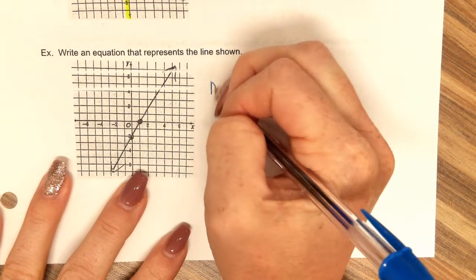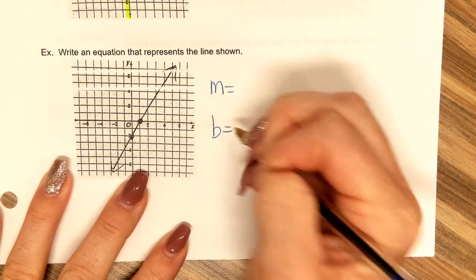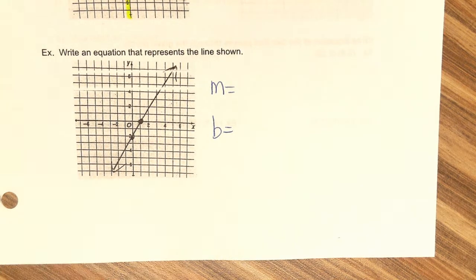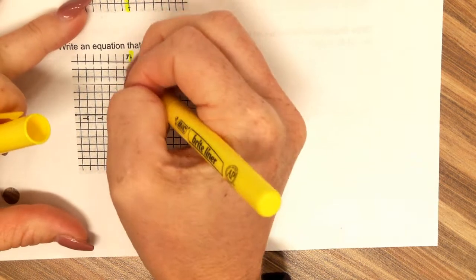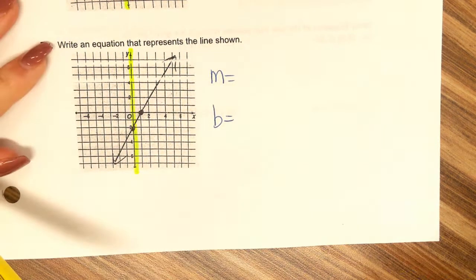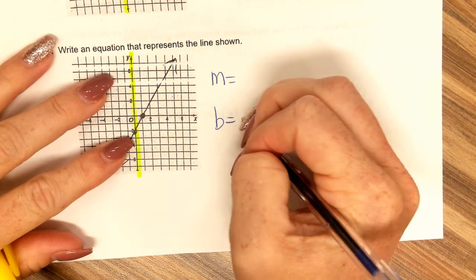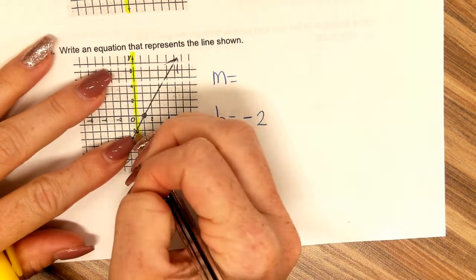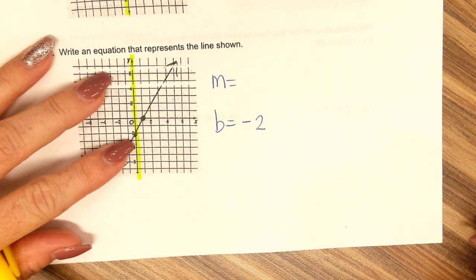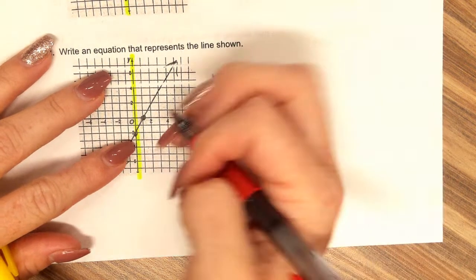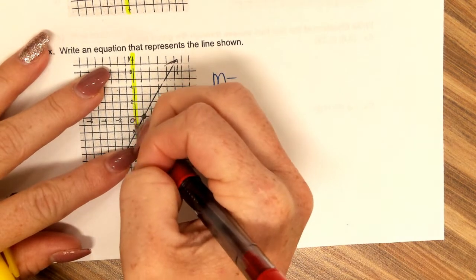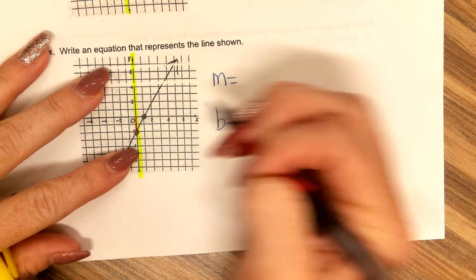Easy? Let's do the next one. I need an m and a b. What is the y-intercept? Where is this line crossing the y-axis? Negative 2, because it's below 0. For the slope, I need a rise over run, so I start here. What is the rise? 2.